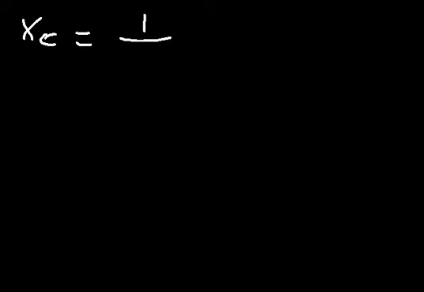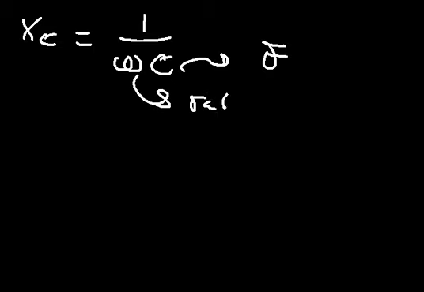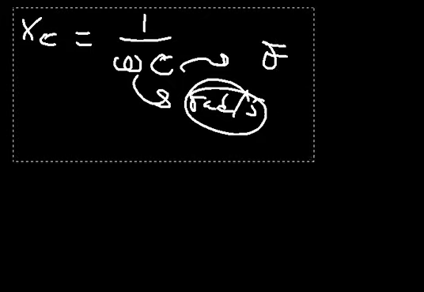It is given as 1 over omega times the capacitance. The capacitance is given in farad, and the omega is given in rad per second. And of course the overall unit has to be ohms.